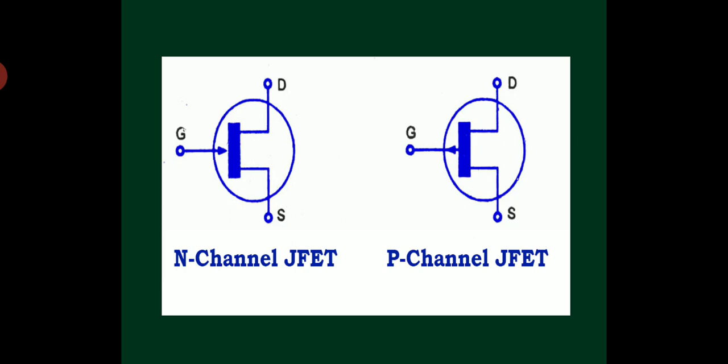Why is it much easier than fabrication of BJT? As I said in my previous class, in BJT, the three terminals are emitter, base, collector. Emitter is highly doped, base is lightly doped, and collector is moderately doped, right? And the emitter width is high, base width is very thin, and collector width is much greater than the width of emitter region.